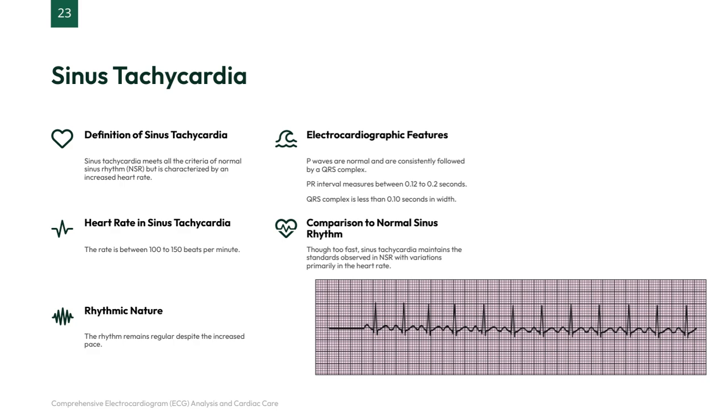The PR interval stays within the typical range of 0.12 to 0.2 seconds, and the QRS complex remains narrow, less than 0.1 seconds wide. So, while the heart is racing, sinus tachycardia still follows the usual patterns we see in normal sinus rhythm, with the main difference being the speed of the heartbeat.